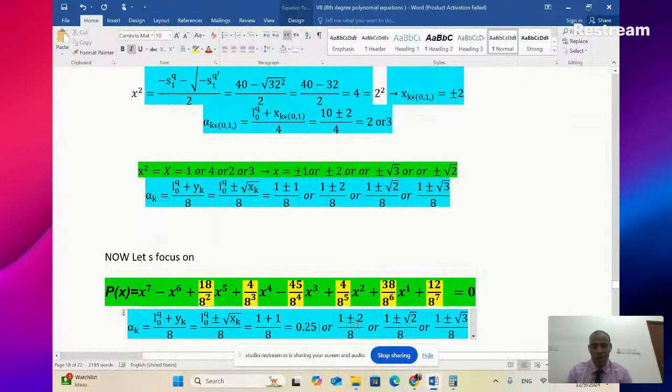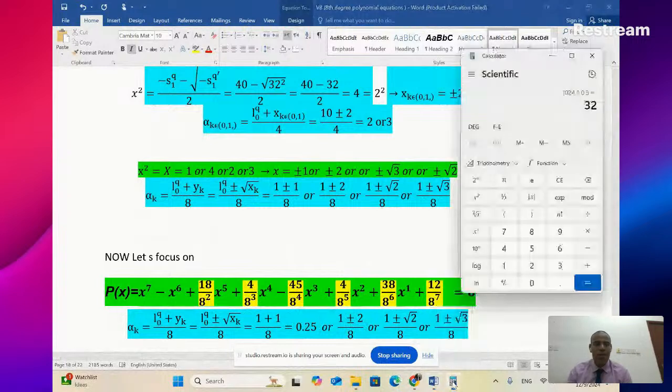The second root, I will make plus or negative. So it will be 1 plus 2 is 3 divided by 8. 3 divided by 8, learners, I'll just calculate it. 3 over 8 is going to be equal to 0.375.